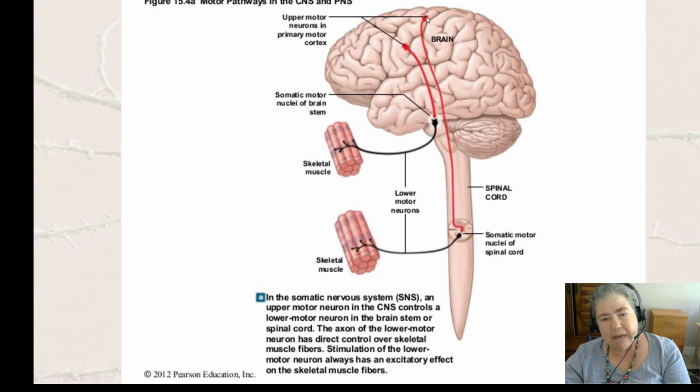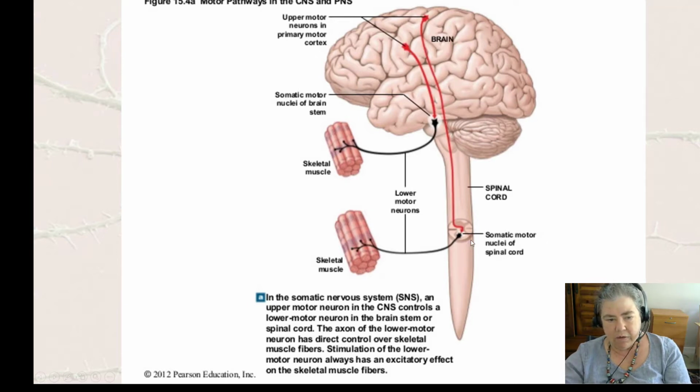They end up communicating with skeletal muscle in the peripheral nervous system, where a lower motor neuron generates the signal that was started by the upper motor neuron. The lower motor neuron can be in motor nuclei of the brainstem or in the motor nuclei of the spinal cord.